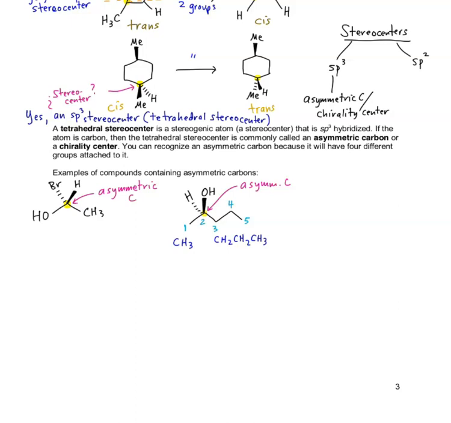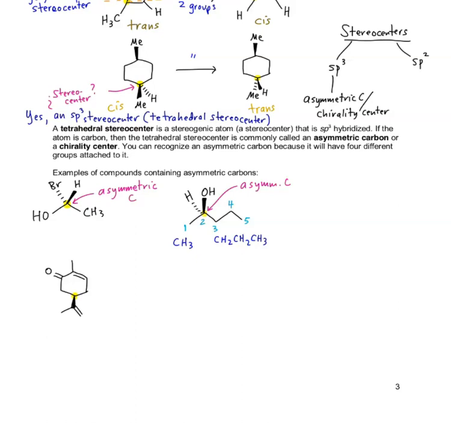Okay, let's try an example that's a ring. Okay, so the carbon we suspect of being an asymmetric carbon is the one that I've highlighted.